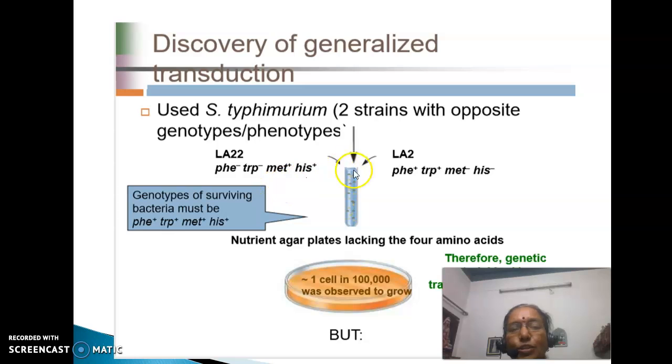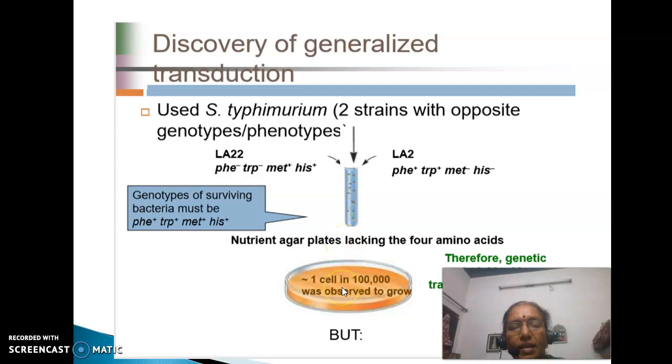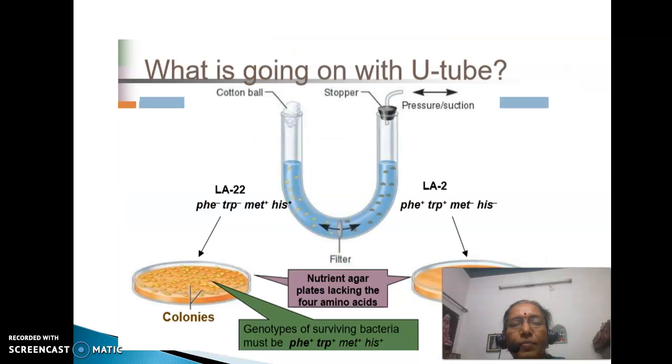When I mix these two strains as per the recombination mechanism, I expect that if both the parental characters are found in the progeny, then the progeny is a recombinant. How will I score them on the plate? I will take a plate which lacks all four amino acids, put the mixture on it, and see whether any colonies grow. Before that, I can also do one more experiment, the U-tube experiment.